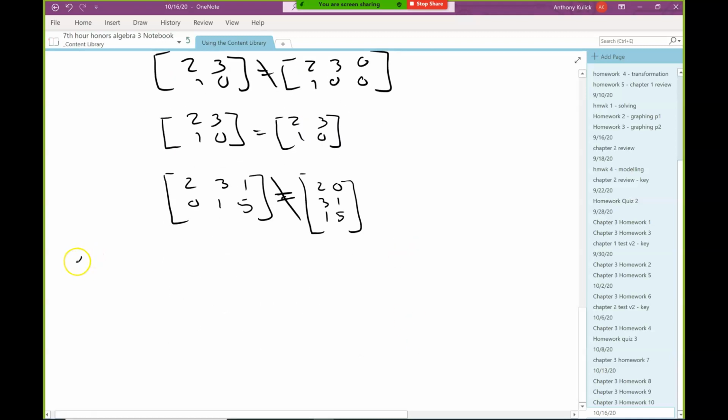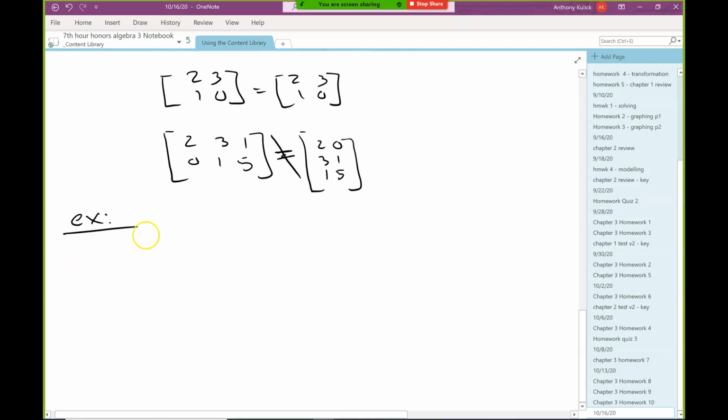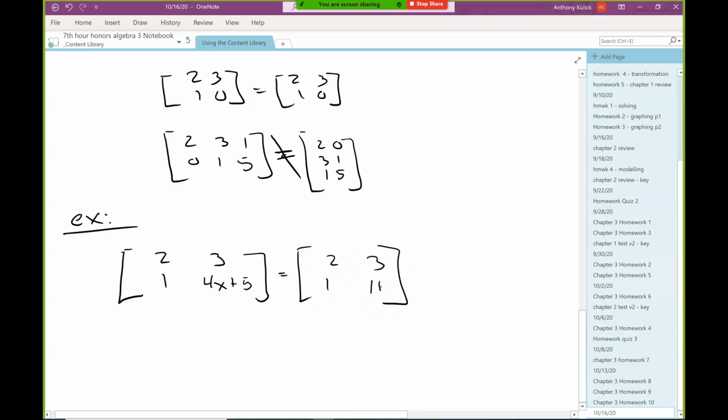So, if we know that two matrices are equal, we can do some algebra with that. Let's say we're given this and asked to solve for x.